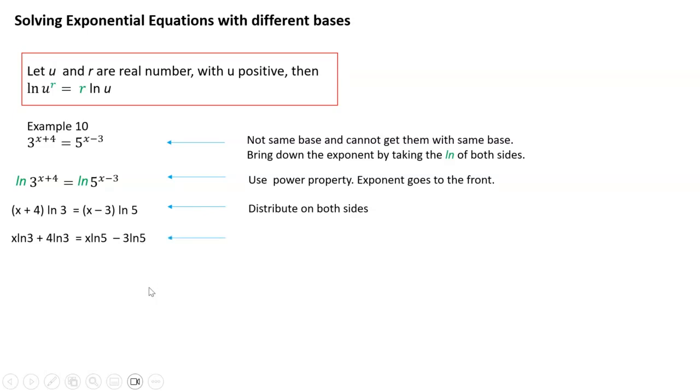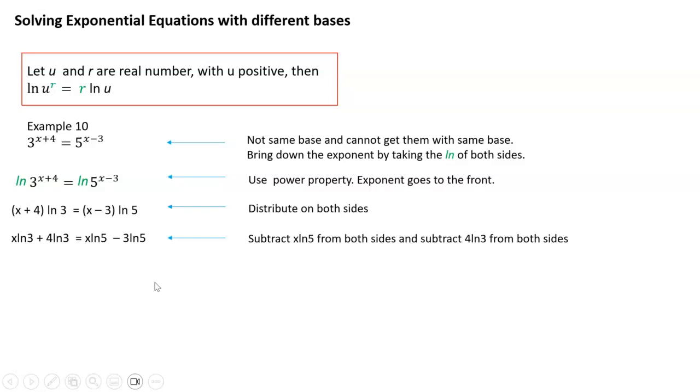Now we have to send all the terms with an x to one side, and the ones that don't have an x to the other side. It doesn't matter, but since x is always on the left side, I'm going to subtract x ln of 5 from both sides and subtract 4 ln of 3 from both sides. This way, I'll have every term with an x on the left.